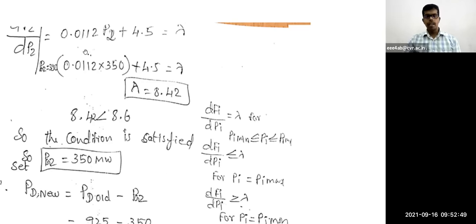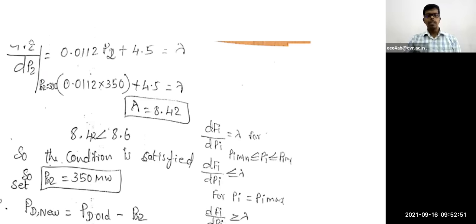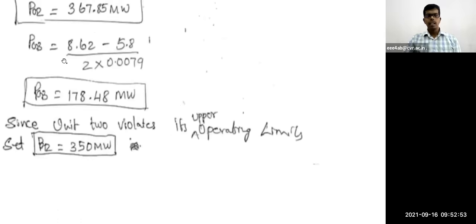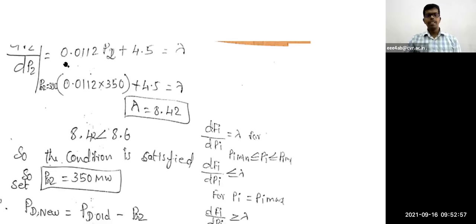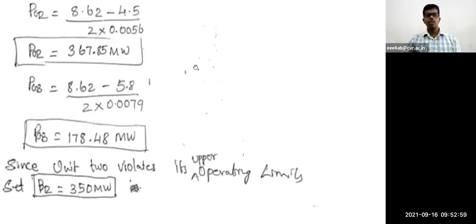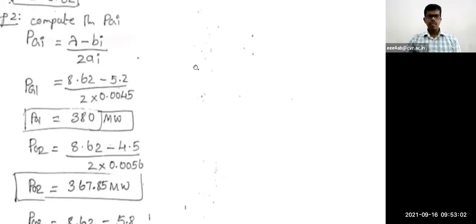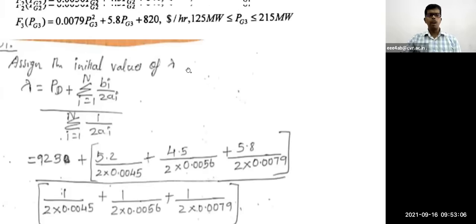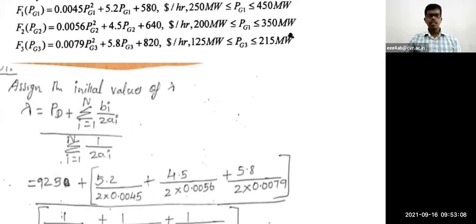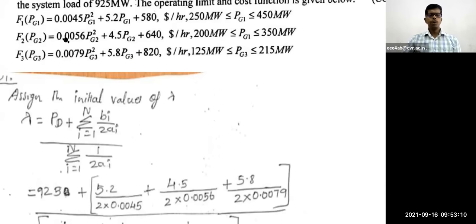We need to differentiate the fuel cost function 2, which is already given in the problem. What we need to do is differentiate this fuel cost function 2 with respect to PG2.